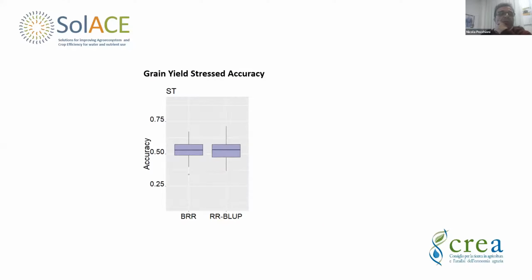So when Paolo went to assess the accuracy of genomic selection for grain yield in stress condition, he found an accuracy of a little bit higher than 0.55 about, applying different models of genomic selection.